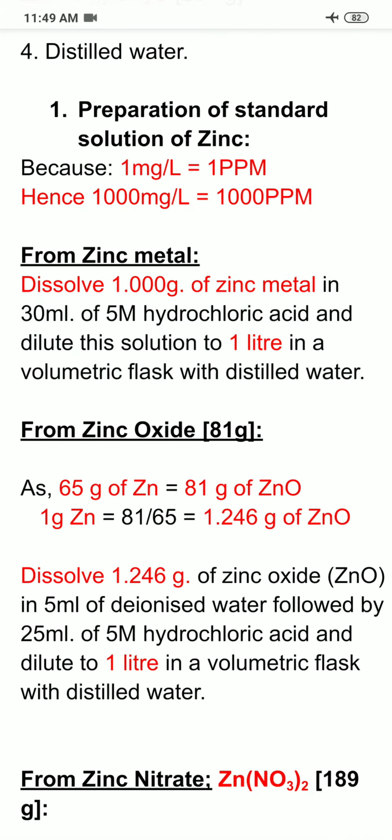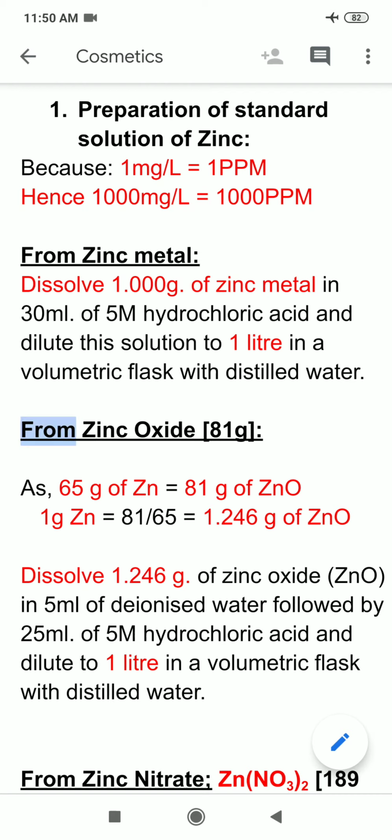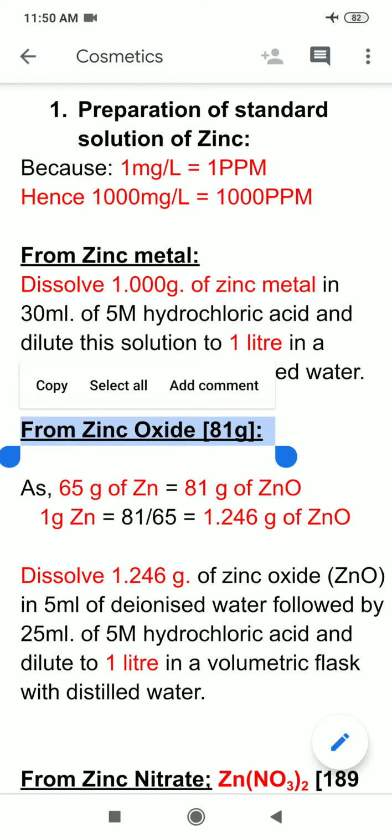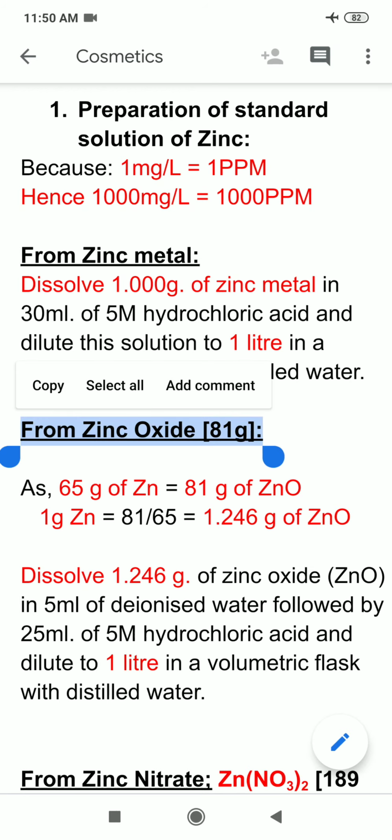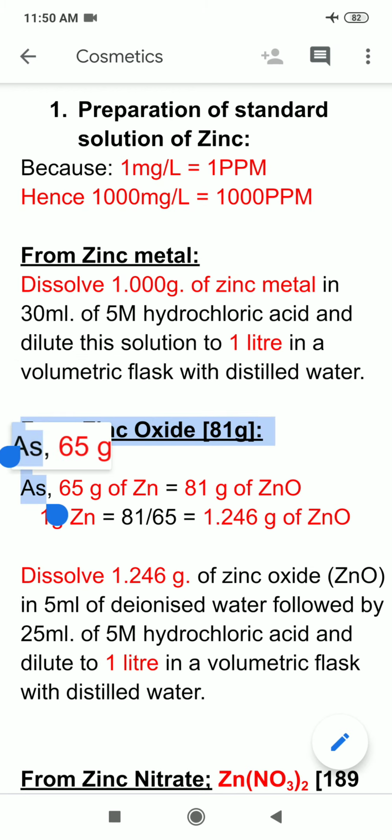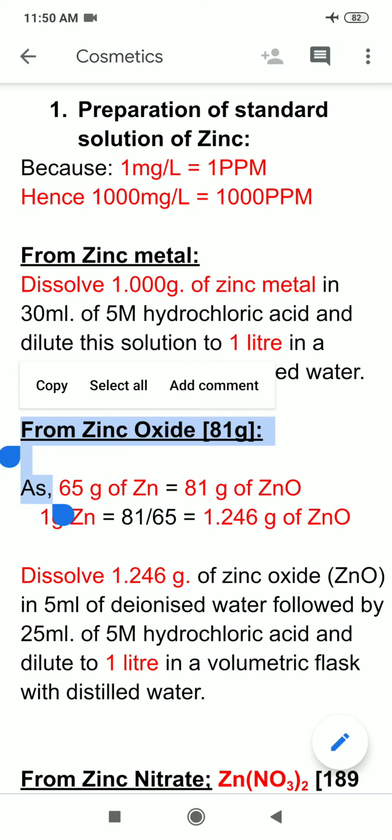Now if I wish to prepare a solution of zinc of 1000 ppm concentration by using zinc oxide, whose molecular weight is 81 grams per mole, then in order to calculate the weight of zinc oxide, we need to apply an equivalence. If I take zinc oxide equal to 81 grams, meaning 1 mole, how much zinc will it contain?